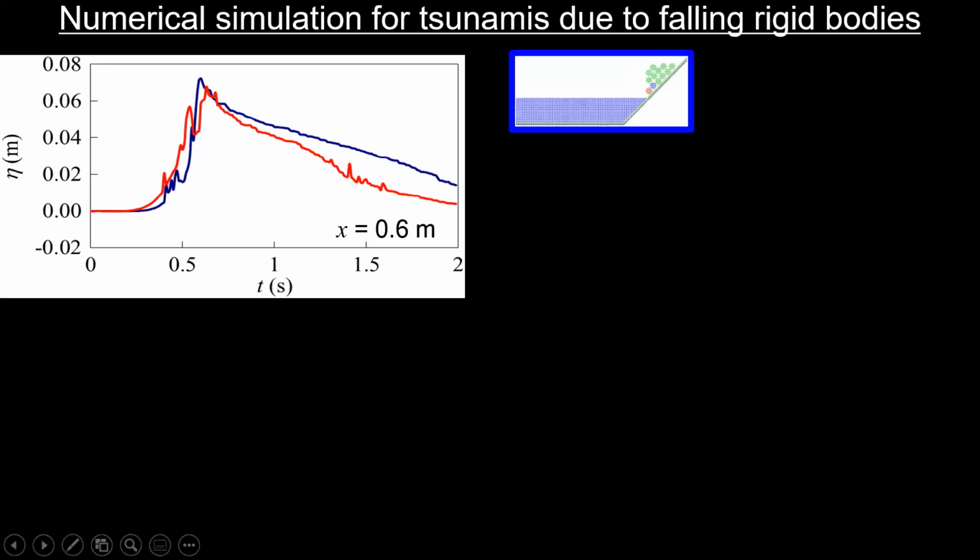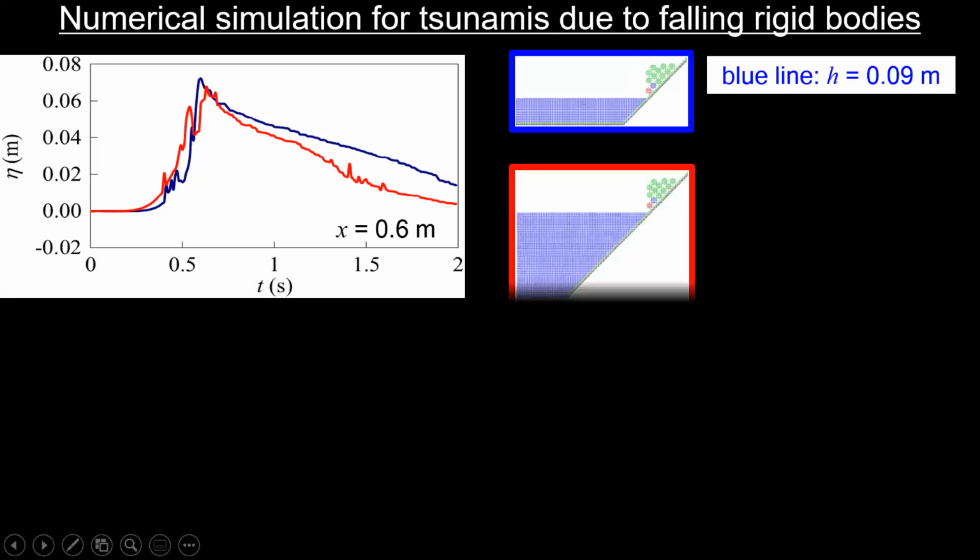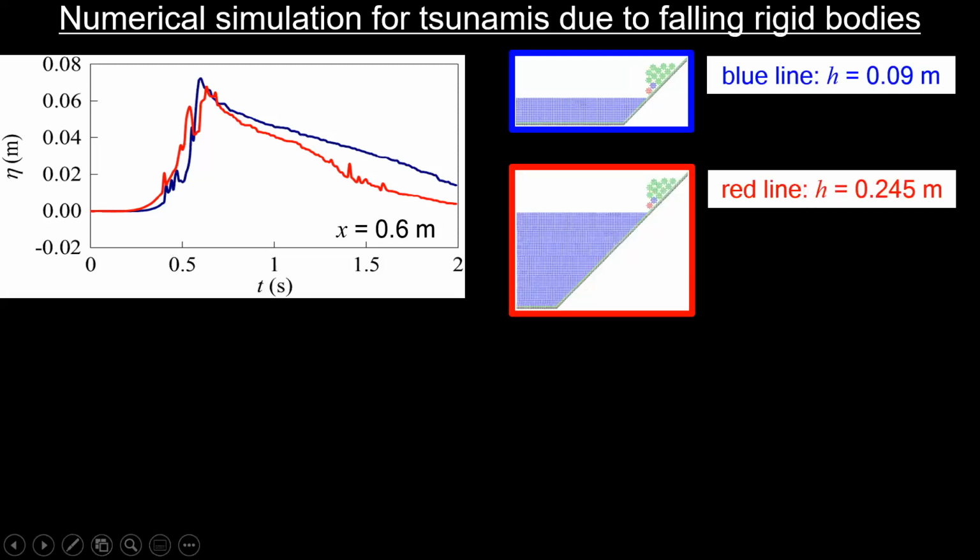In the last case, we calculated tsunamis due to rigid bodies. This figure shows the water surface displacements at x equals 0.6 meters. The blue line shows the result for the case where the still water depth is 0.09 meters, and the red line shows h equals 0.245 meters.